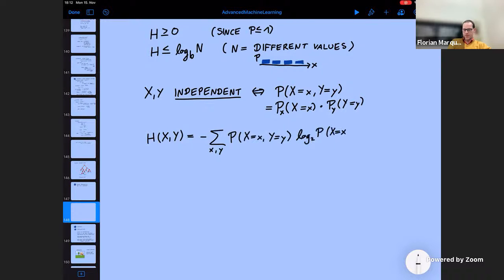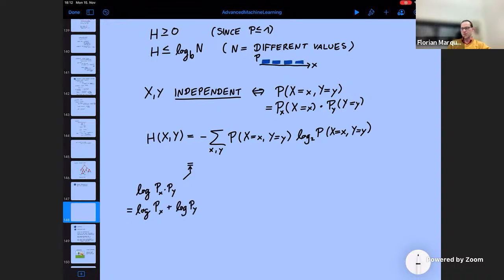So that's the definition. And then you can see what this gives you in this particular case when the probability factorizes. And the most important thing happens under the logarithm, obviously, because the logarithm of a product is, of course, as we know, the sum of the logarithms.